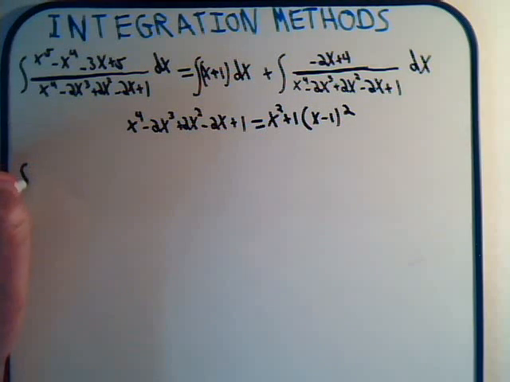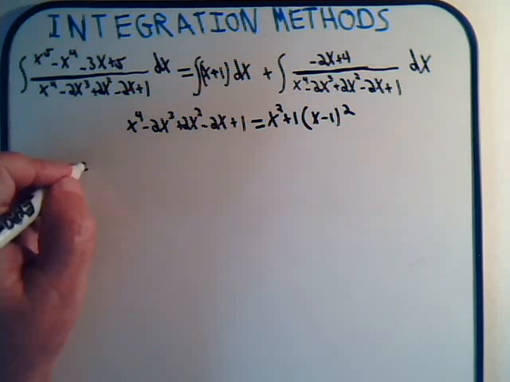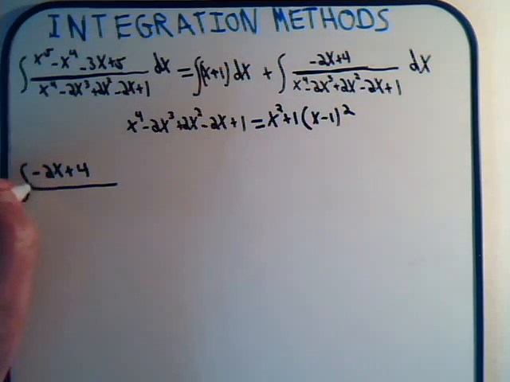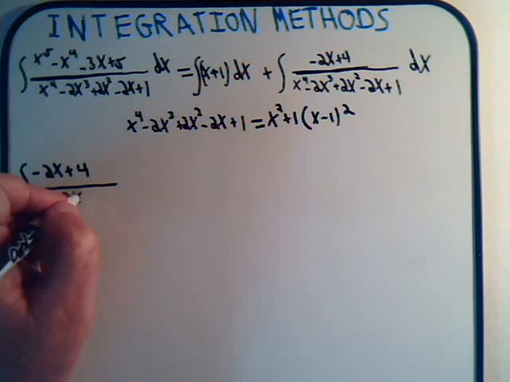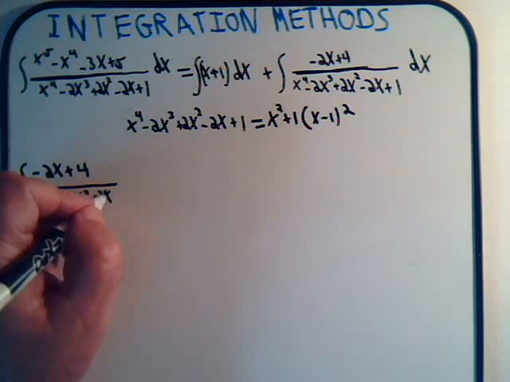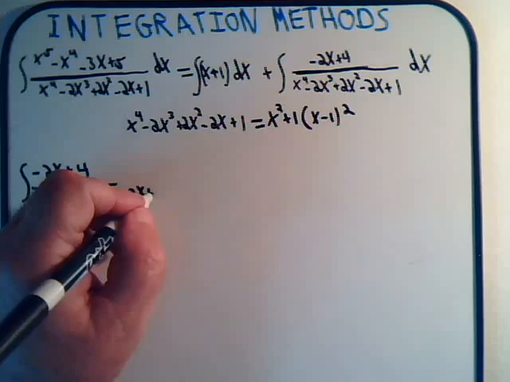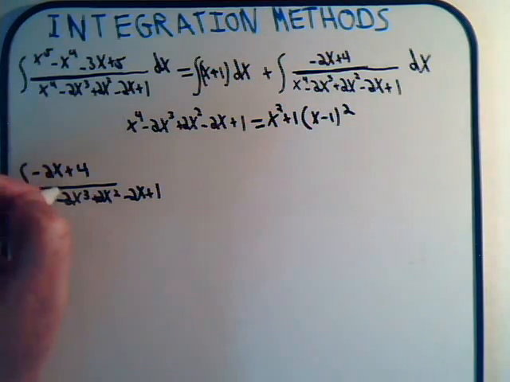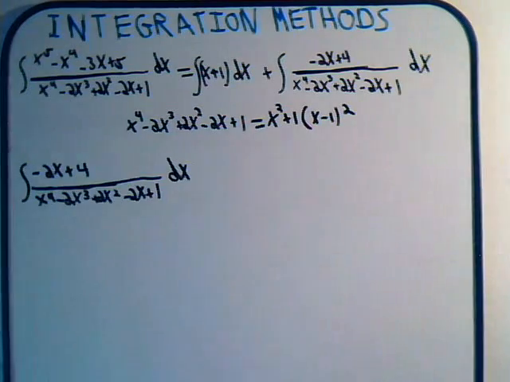let's do this step by step so we don't make any mistakes. We have the integral of minus 2x plus 4 divided by x to the 4th minus 2x cubed plus 2x squared minus 2x plus 1, dx.